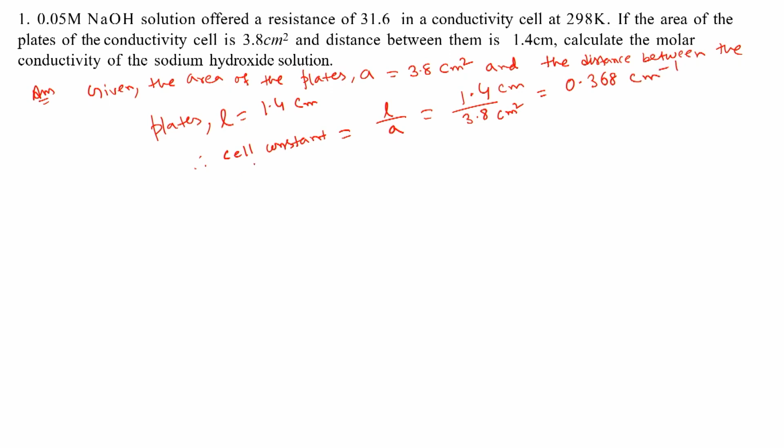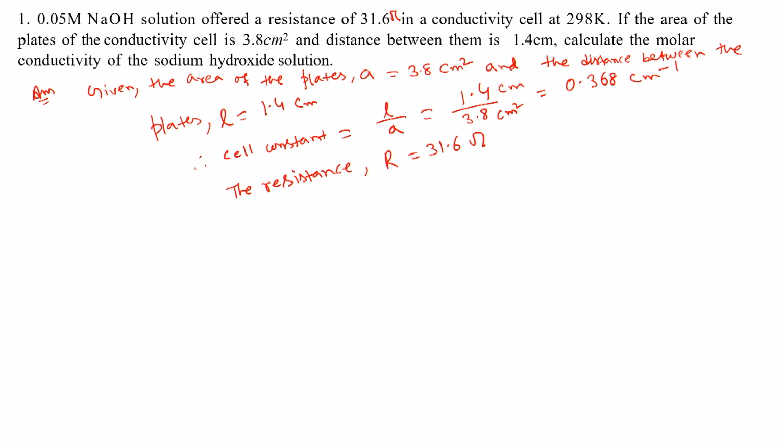So the resistance is given, 31.6, this is ohm, okay. So we can write the resistance R is 31.6 ohm, okay.